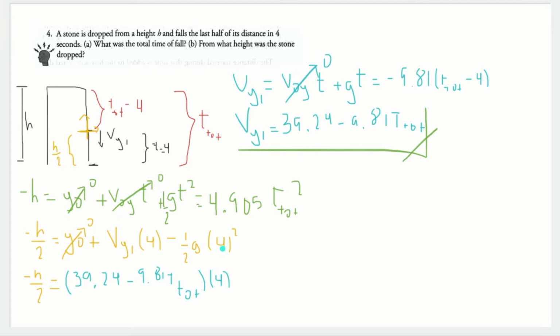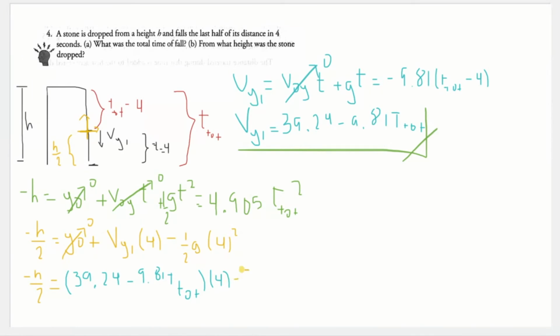Then 4 squared is 16, divided by 2 is 8, times negative 9.81 would be minus 78.48. Oh, this should be in blue. Sorry about this.